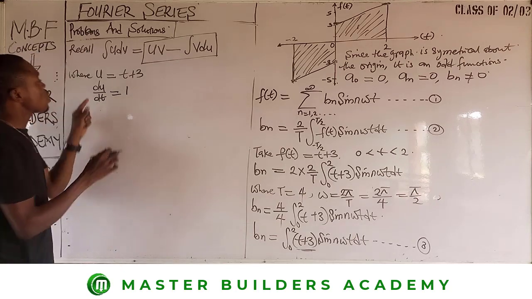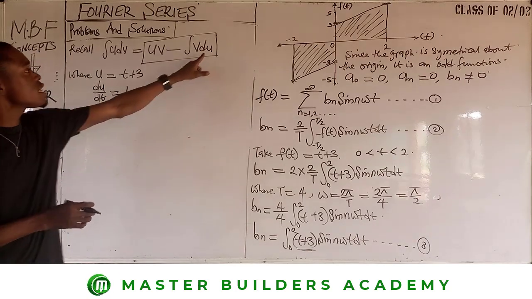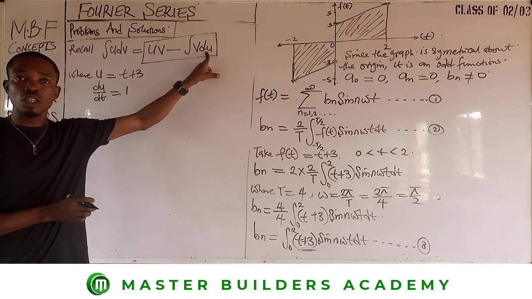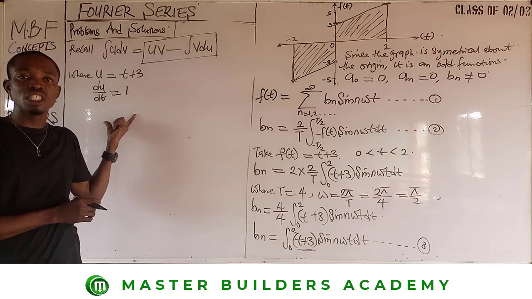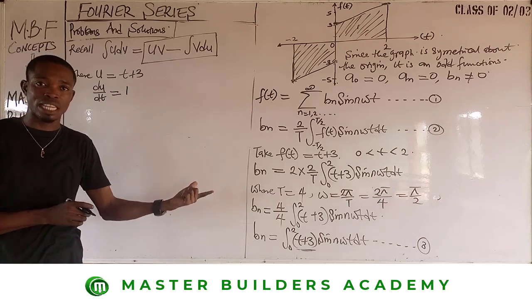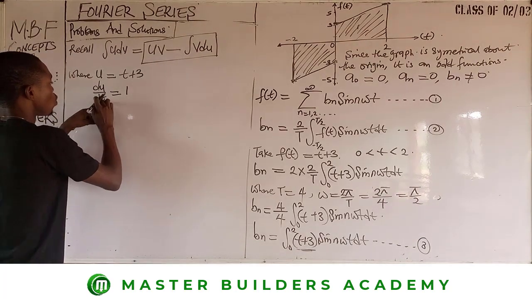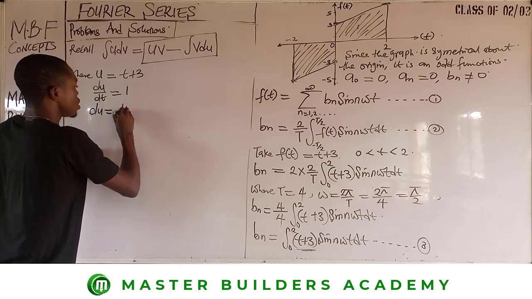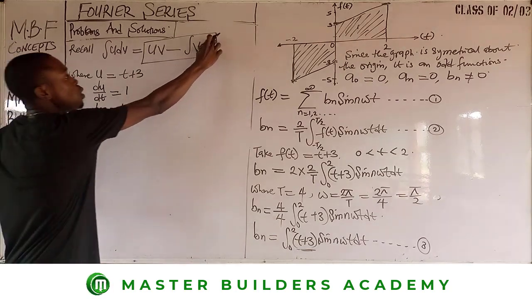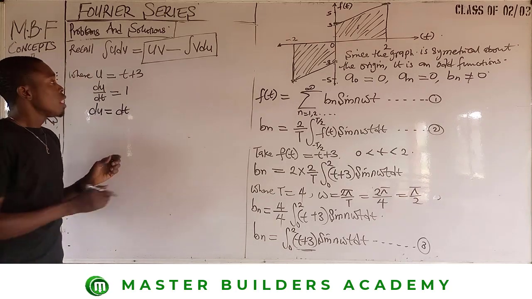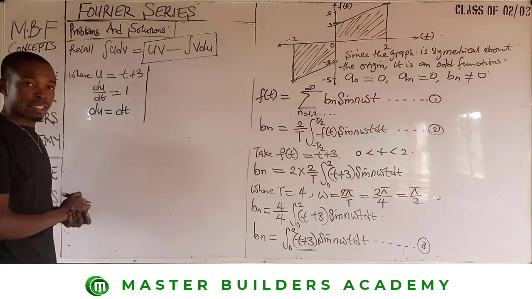Then, remember we are not looking for du over dt. In this equation, what we are interested in is having du. So that means I need to make du the subject of the formula by cross multiplying both sides, right? So if I do cross multiply here, du would have given me 1 multiplied by dt, which gives us dt. So that means anywhere I have du, I will put dt.